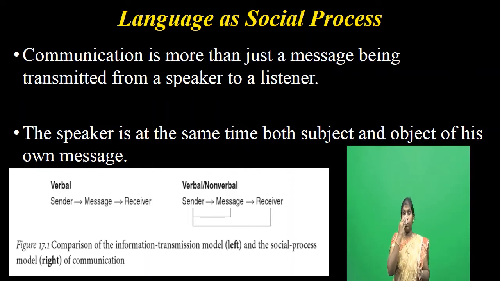So that is what we have given. The language is a kind of social process. The process should be there. It is not one way, it is not linear, it should be dynamic. So that's where I said the listener will also be a speaker, the speaker will also be a listener. That's why they will be the subject and object of their own messages. So this kind of communication is needed in this particular language classroom.